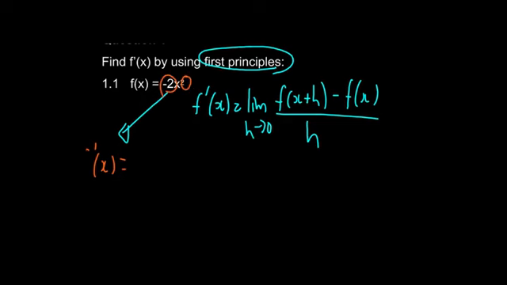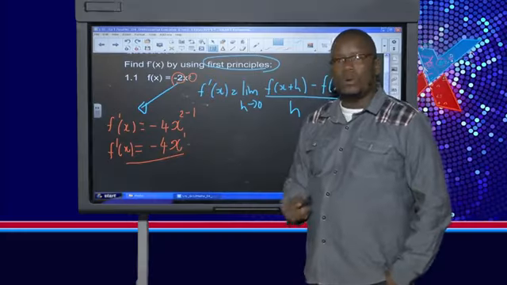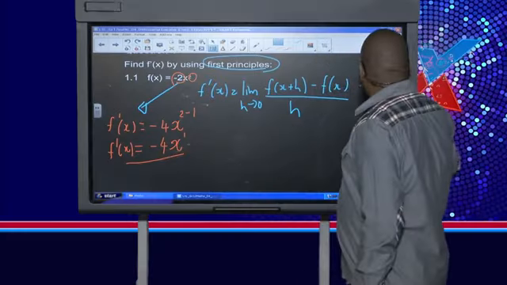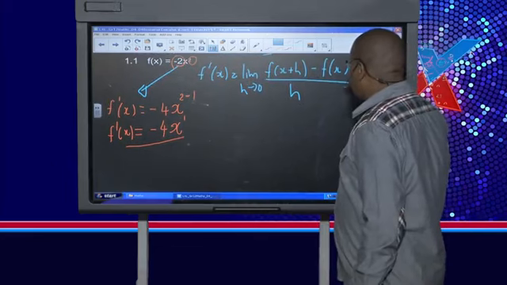Minus 2 times 2, we get minus 4, x to exponent 2 minus 1. Then our final derivative will be minus 4x to exponent 1. So that's your f prime x. So whatever we are doing here, at the end of the day, we must get minus 4x. Right, so now let's go through it slowly.